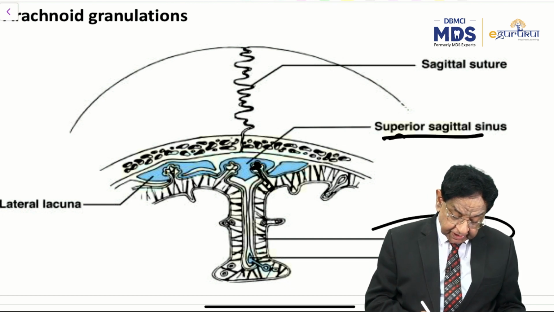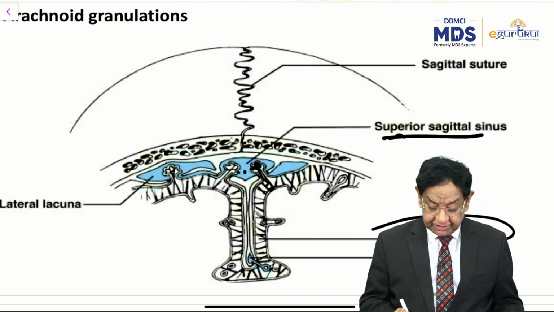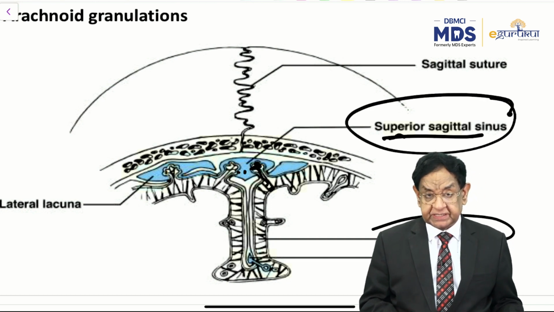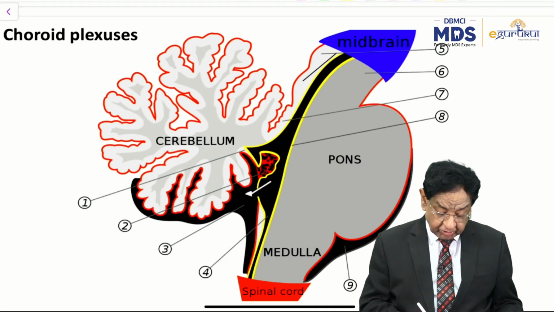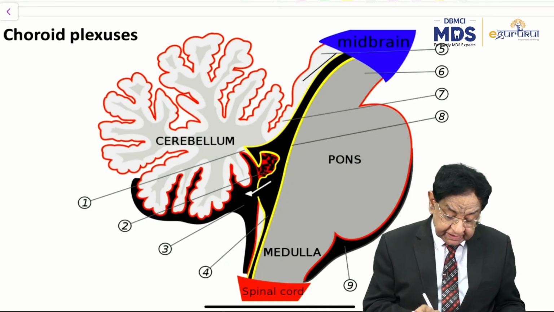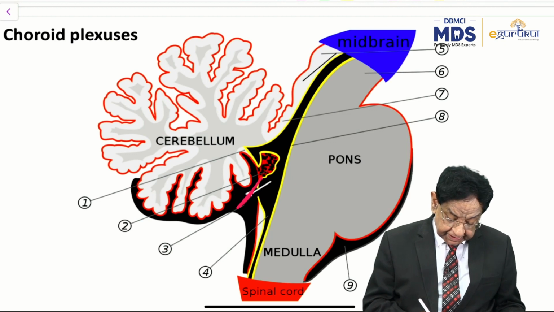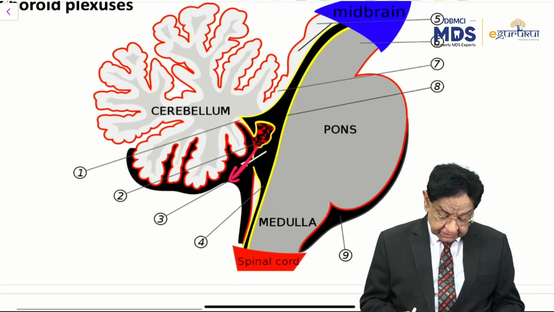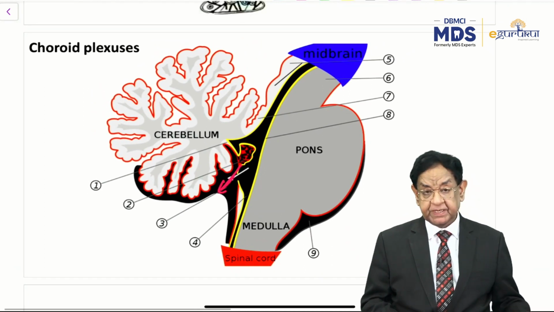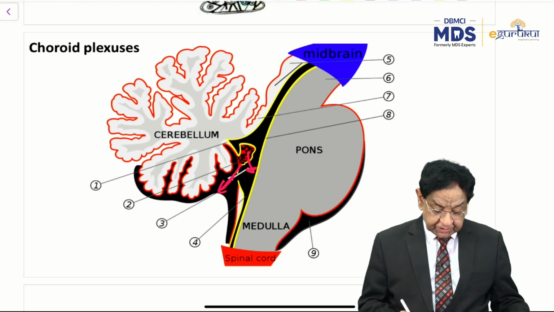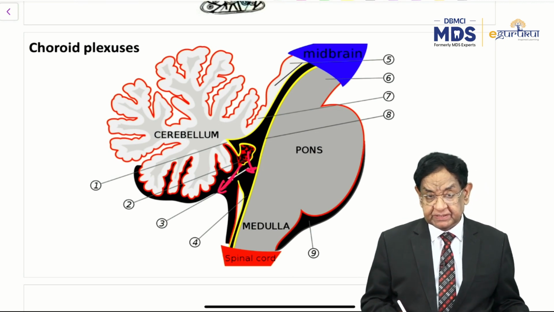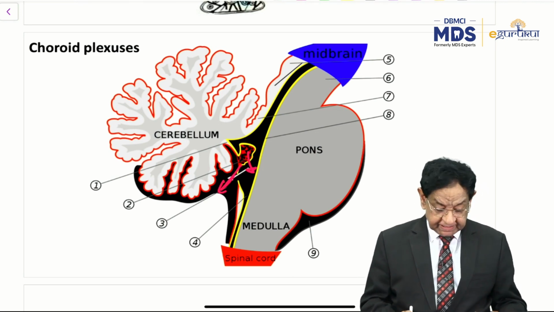Granulations are there, and now this is going into the superior sagittal sinus. This is the choroid plexus, producing CSF, and this CSF is going into this place, that is again the subarachnoid space, and this is the central canal. So it is going to both places, the subarachnoid space and the central canal.